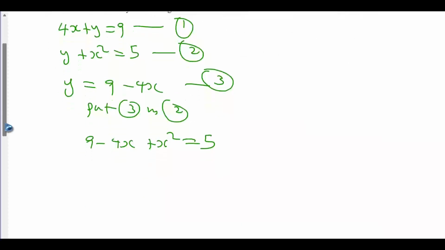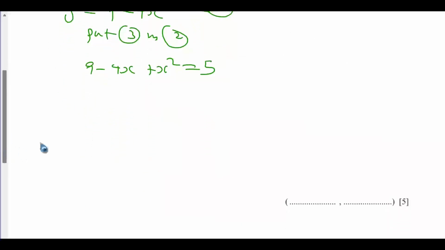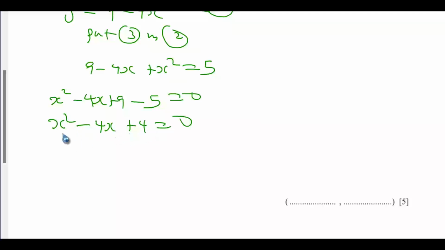So that means anywhere we see y, we put 9 minus 4x plus x squared equals 5. So we can rearrange this, and that will give us x squared minus 4x plus 9 minus 5 equals 0. This will give us x squared minus 4x plus 4 equals 0. So we can solve this by factorization. x squared minus 2x minus 2x plus 4 equals 0.